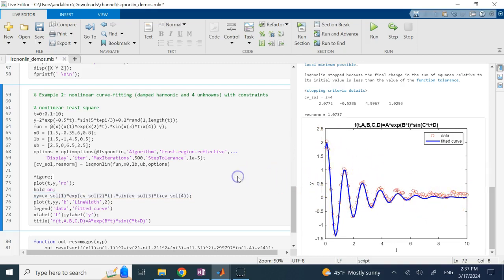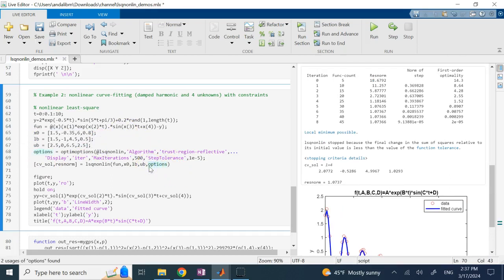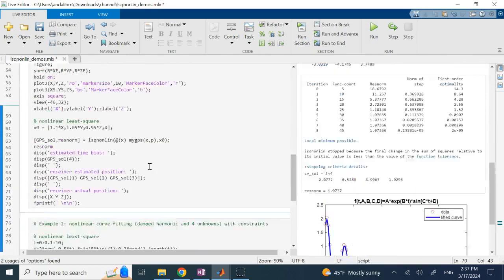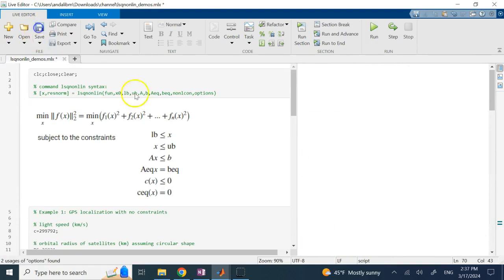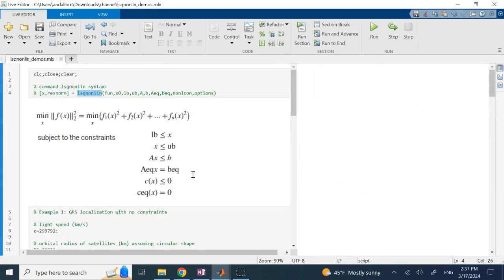Okay? Now, if you have equality or inequality constraints on x or anything like that, you can add them here as well. But in this case, I don't, so that's where I stop. So this is the powerful command lsqnonlin, and it can solve tons and tons of different problems for you if you just give it a relatively moderate guess x0.